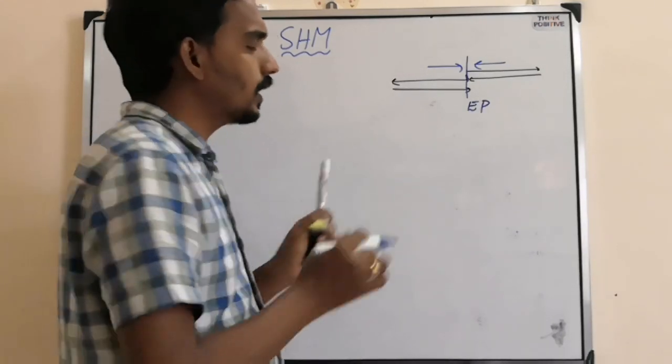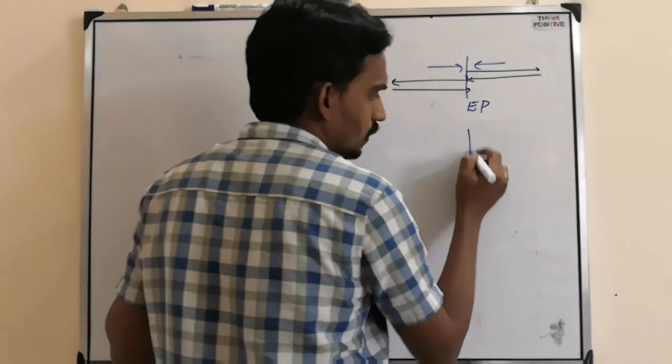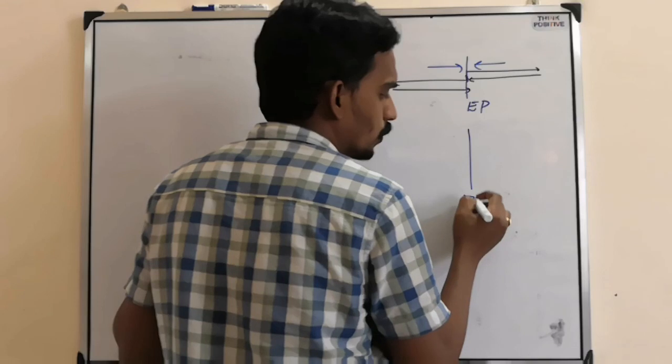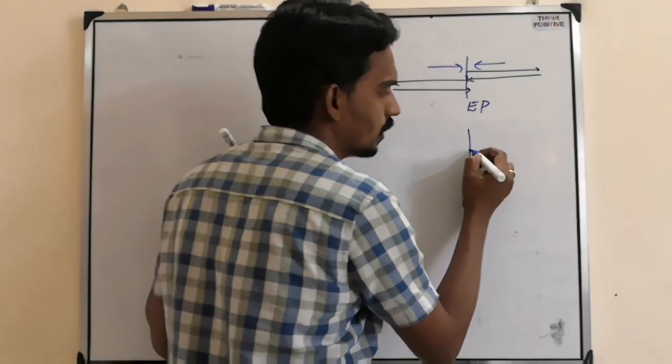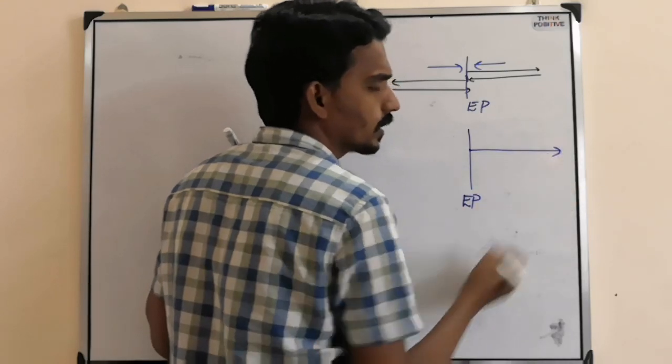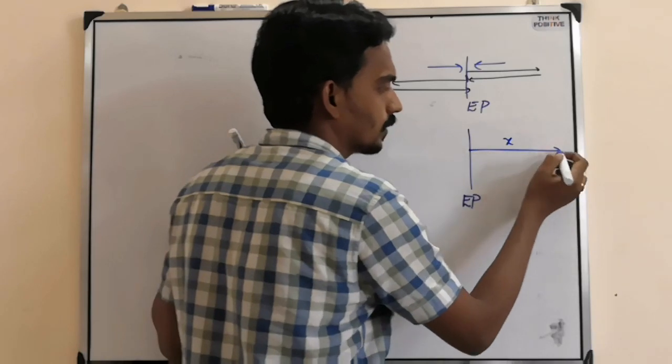For such a particle in SHM, we will take the equilibrium position as reference. From the equilibrium position, as it is moving in one direction, the displacement of the particle increases first.